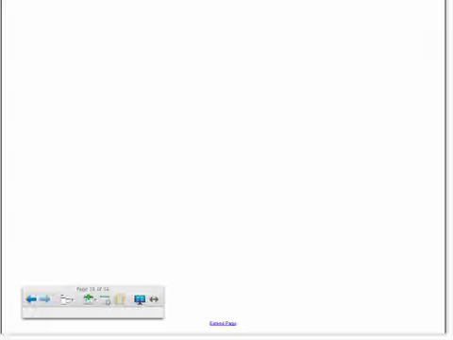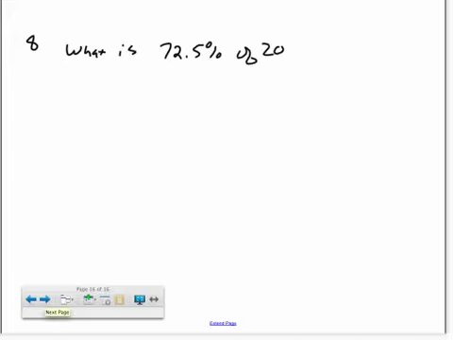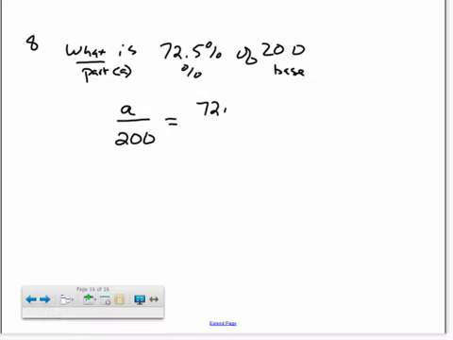And our last one, number 8. What is 72.5% of 200? Once again, this is my part, or A. This is my percent. This is my base. So I get A over 200 equals 72.5 over 100.